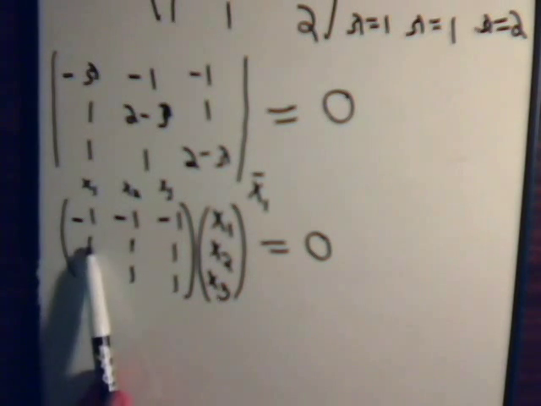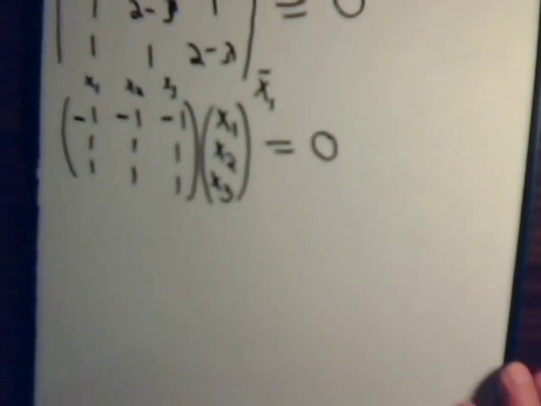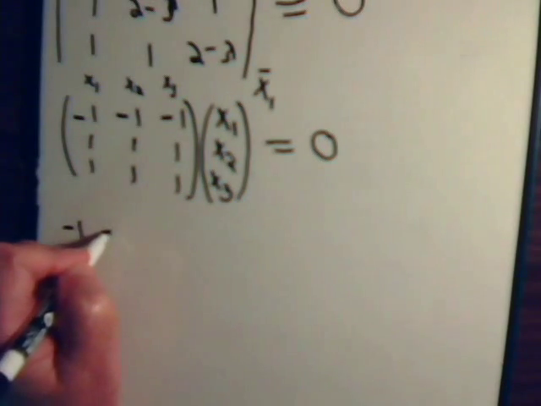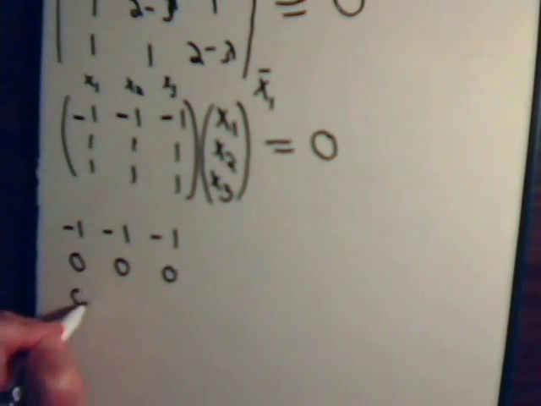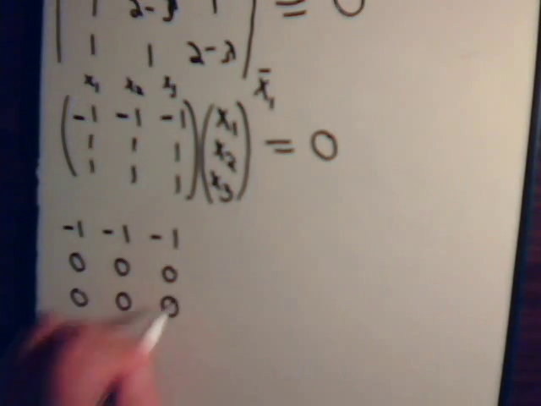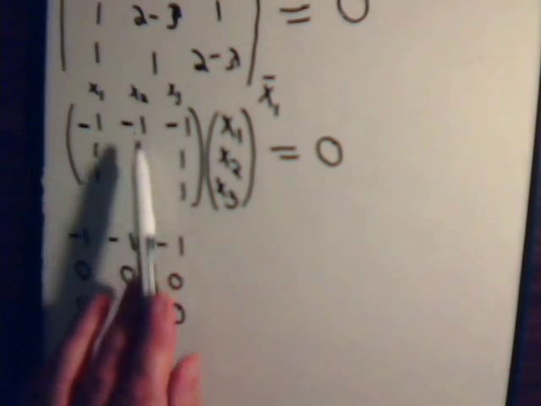And if we just add these rows, we see what's going to happen. These are just going to be zeros. So we'll do that and then write it in augmented matrix form. So we'll have minus 1. Just simply adding these rows here was a real simple thing to do.